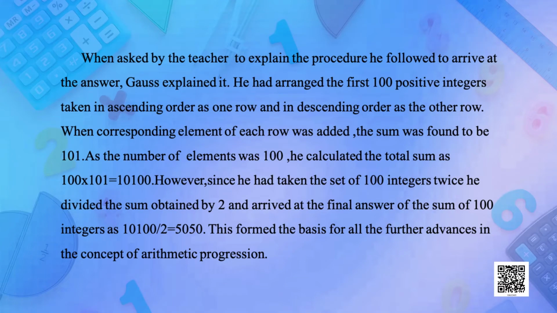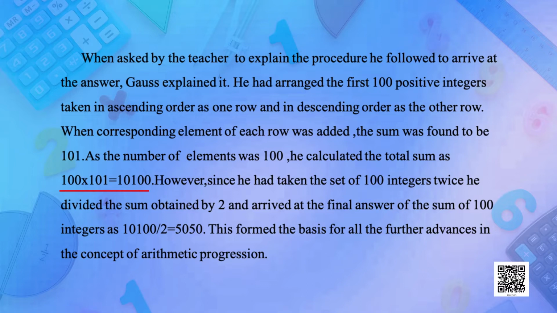He had arranged the first 100 positive integers in ascending order as one row and in descending order as the other row. When the corresponding elements of each row were added, the sum was found to be 101. As the number of elements was 100, he calculated the total sum as 100 into 101, which is 10,100.